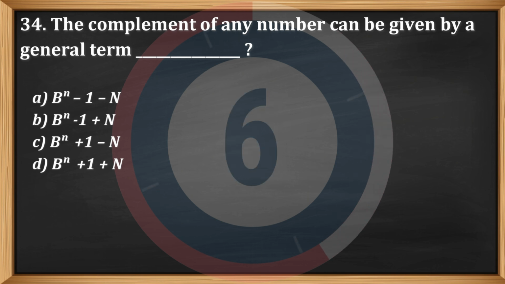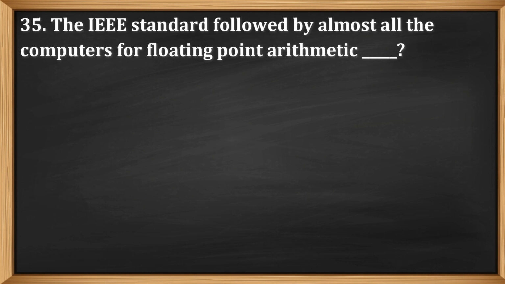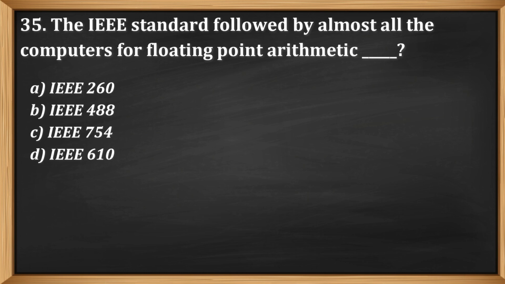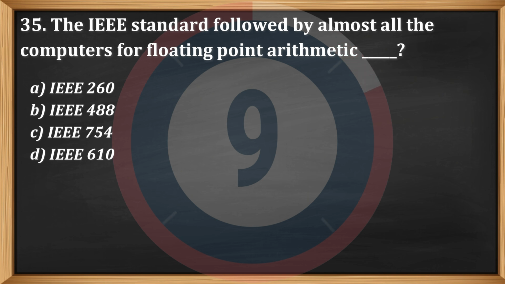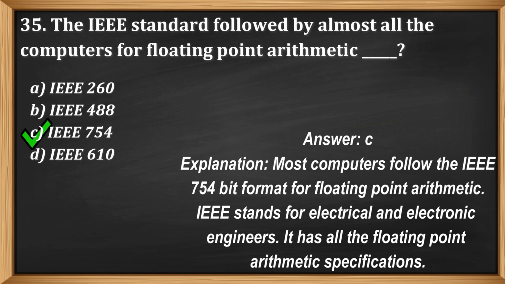The complement of any number can be given by a general term, option A, b to the power n minus 1 minus n. The IEEE standard followed by almost all the computers for floating point arithmetic is option C, IEEE 754.